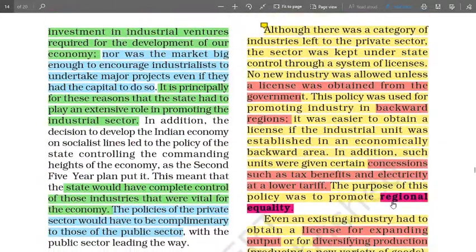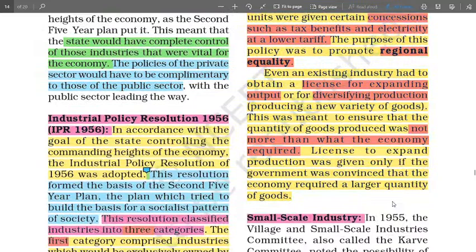The other way is to control by the requirement of getting a license for expanding output. Suppose you have an industry that you have set up because you got the license, but in that application you have already stated that you want to produce, say, 10 quintals per day.